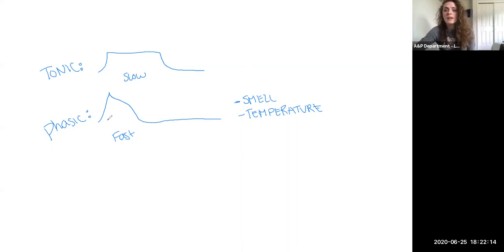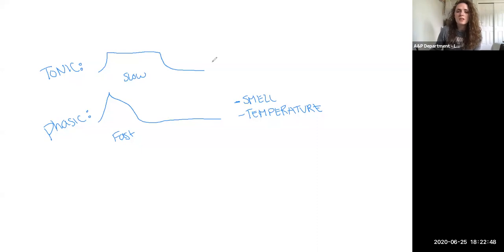Another thing, if the AC turns on, cools up the room like 2 degrees, and then turns off, initially you're like, oh, it just got pretty cold in here. But then almost 30 seconds later, you're like, oh, I'm fine. Unless it's like freezing. This is small changes in temperature. Okay, so your phasic receptors are fast adapting, and the 2 examples of them are smell and temperature. There's more, but those are big ones that you need to know.